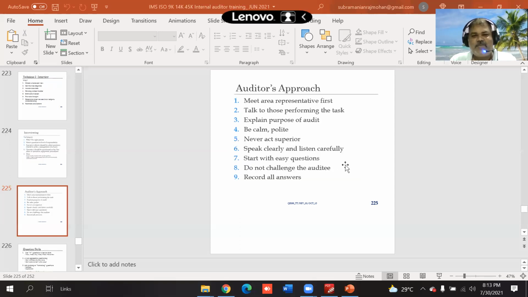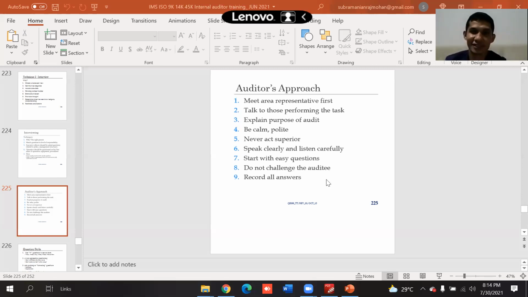So, the audit approach. You meet a representative first and talk to the person performing the task, explain the purpose of the audit, and you must be calm and polite and never act as a superior. The auditor should also not do the same. Speak clearly and listen carefully. Start with easy questions. Don't scare them and make them panic.